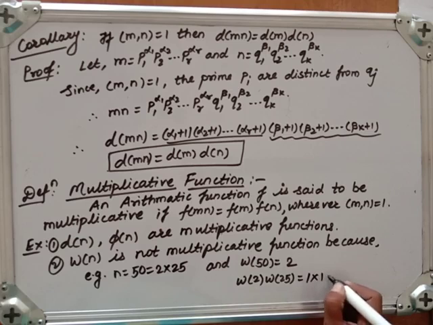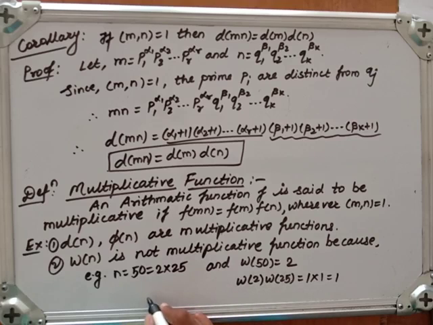So its value is also 1. Now here omega 50 and this product are not same. Omega 50 is not equal to omega 2 into omega 25. These are not same, which means it is not a multiplicative function.